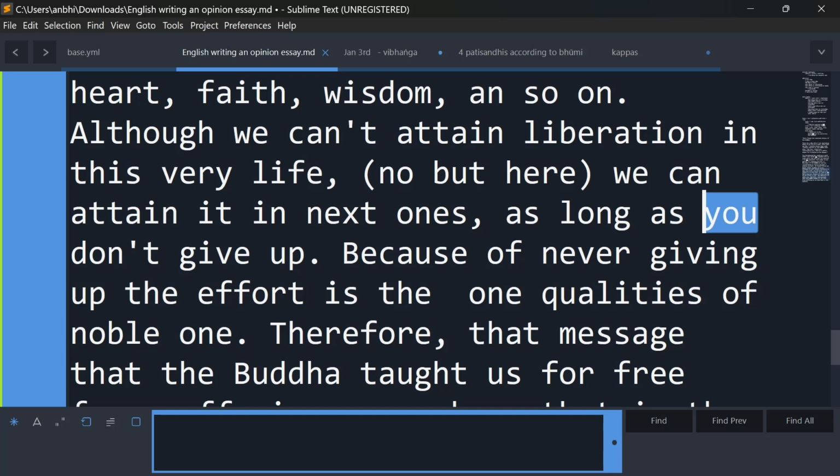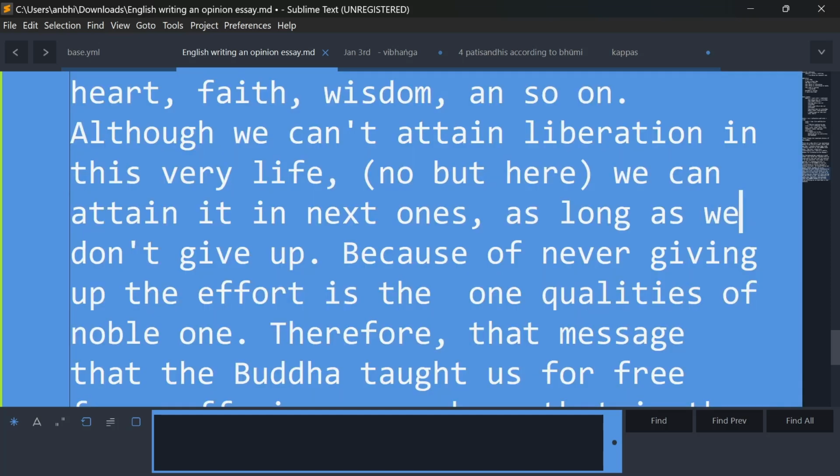It's not like a huge mistake, but it sounds better, it makes more sense if you maintain the same. We. You see now? Although we can't, because we're talking about ourselves, you see? Although we can't attain liberation in this very life, we can attain it in next ones, as long as we don't give up, you see?